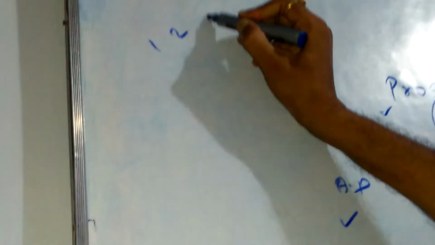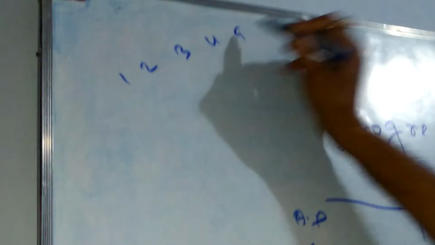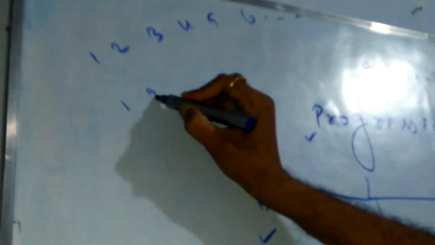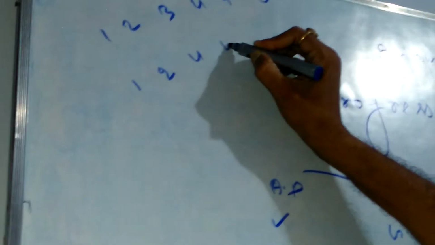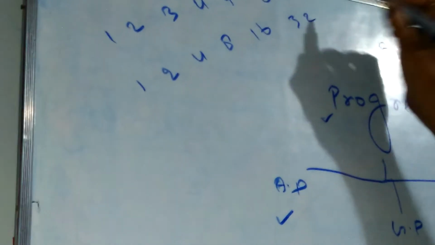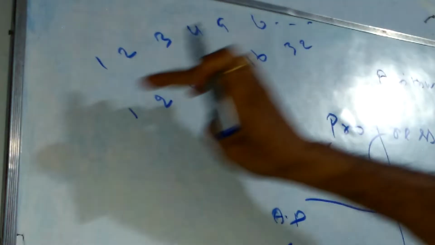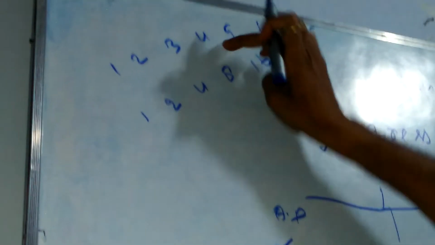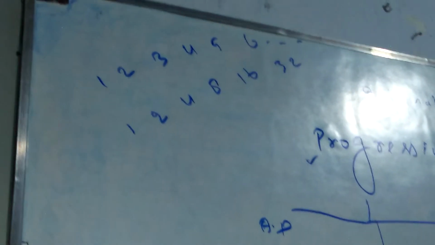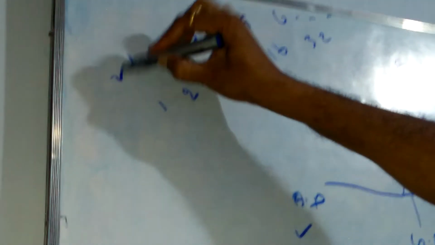Suppose I am writing here 1, 2, 3, 4, 5, 6. And here 1, 2, 4, 8, 16, 32. It is a collection of numbers. This is also a collection of numbers, but it follows a certain rule.